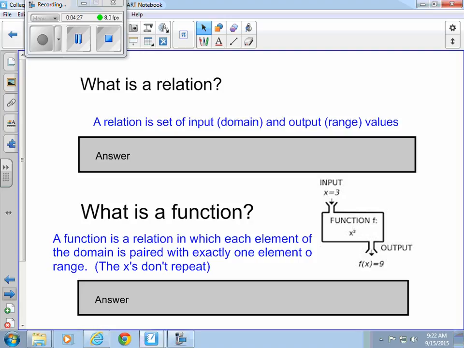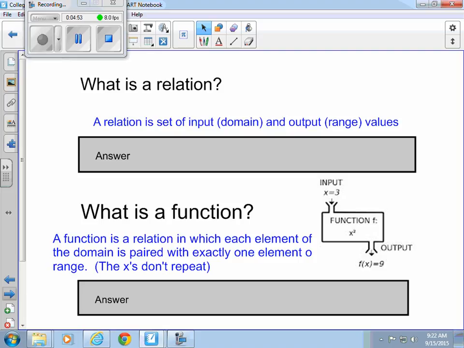You put something in, and you do something to it, and something comes out. That's a function. A little box here, and I put in 3, it squares it, I get out 9. The square is the function, what's happening to it. You put something in, you get an output out.